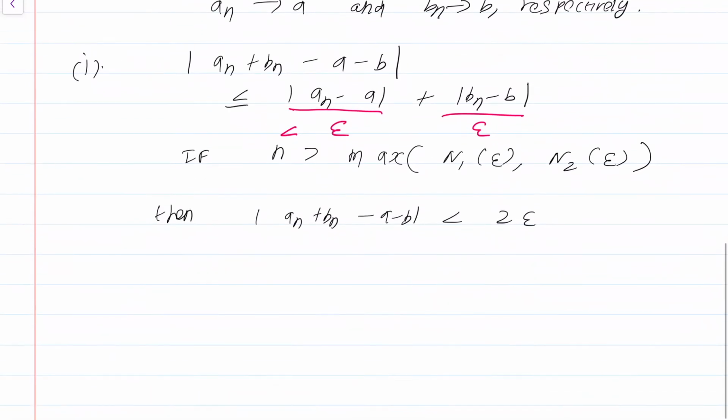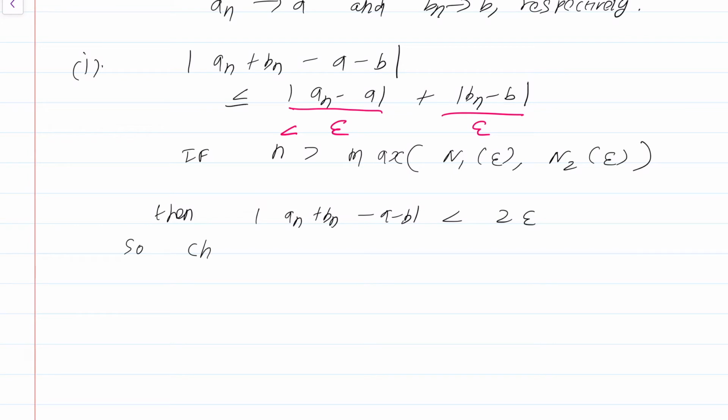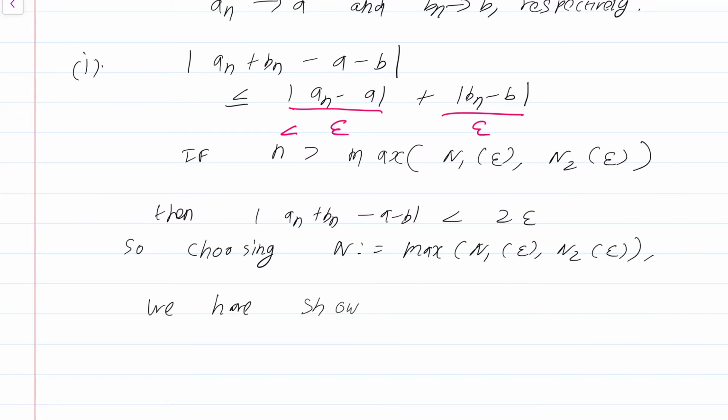Okay, so choosing the function N to be max of N1 epsilon comma N2 epsilon, we have shown an plus bn converges to a plus b. Note, I am implicitly also using this k epsilon principle that we talked about in an earlier module. Fine. So this proof was rather easy. We are just going to choose the capital N function to be max of N1 and N2.